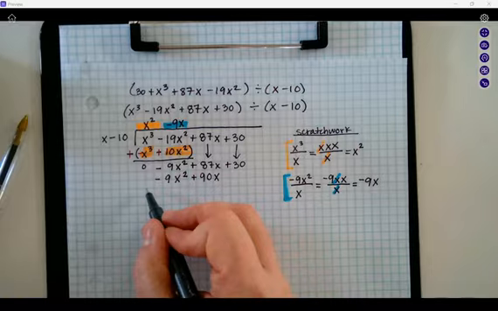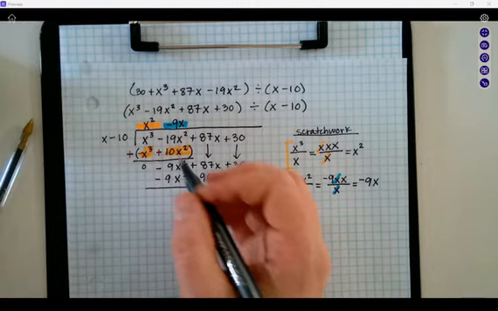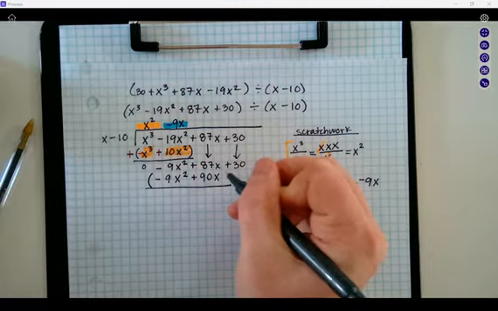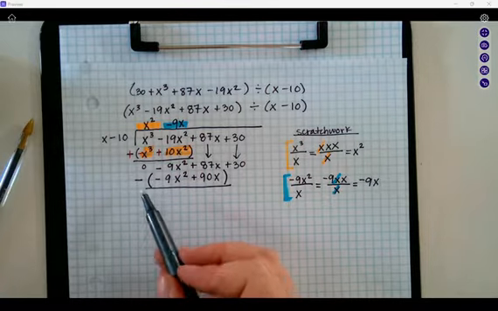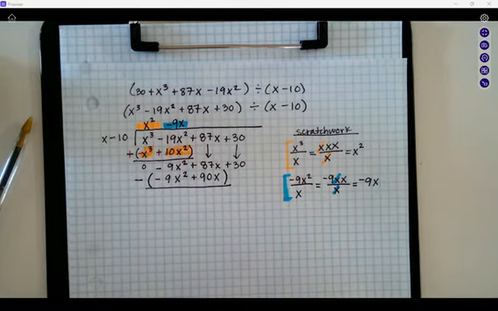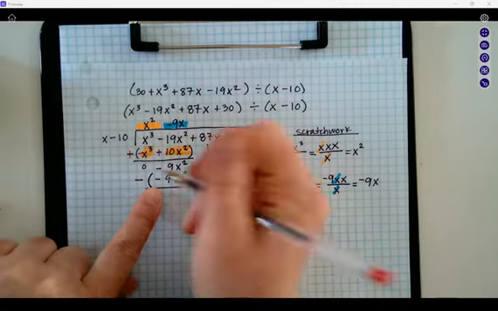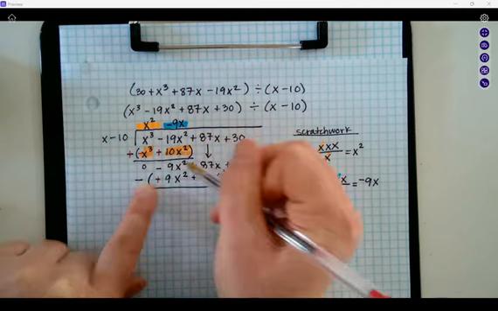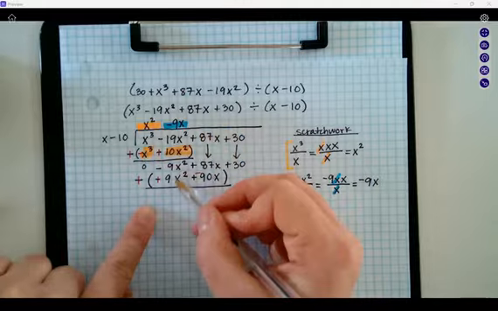I need to subtract these two terms from the previous line of work. I am going to place them inside of parentheses and put that subtraction sign out front to emphasize the fact I need to subtract them. I do like to distribute that subtraction sign as a negative into the quantity. So this negative times negative gives me that positive, and then that negative times positive becomes negative, and then I can just add these like terms.